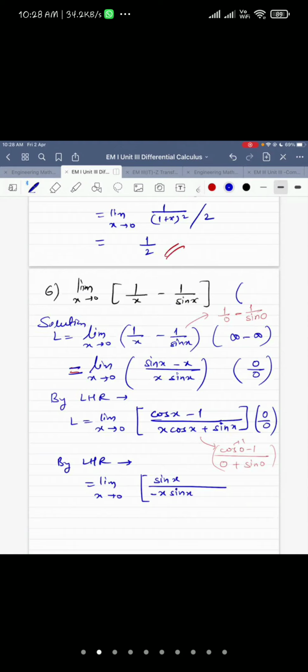Since I'm applying the product rule, my x is as it is and the derivative of cos x is minus sin x, right? Plus cos x as it is, the derivative of x is 1, so cos x into 1, and sin x has derivative again cos x. Students, solve with me.